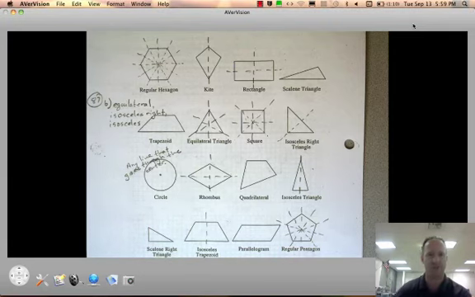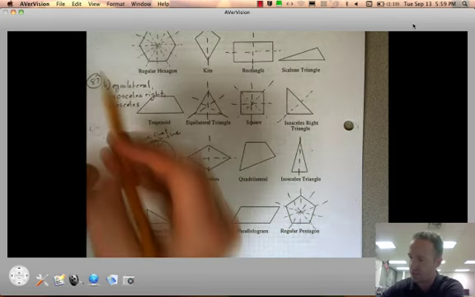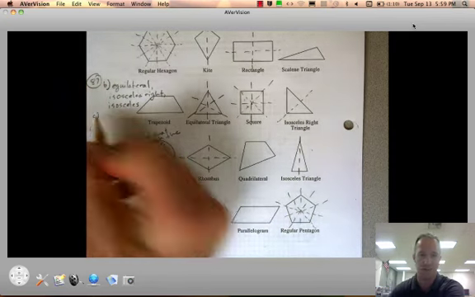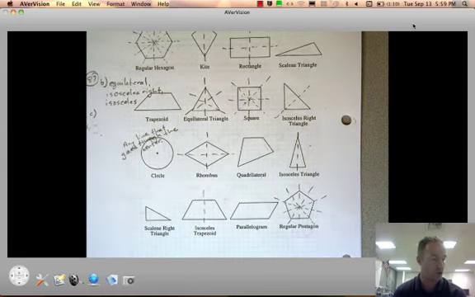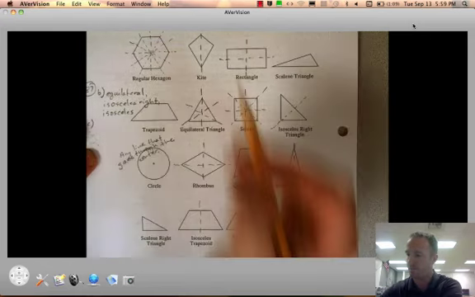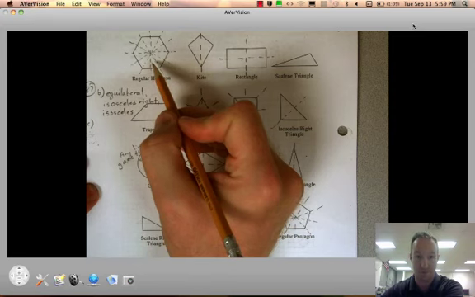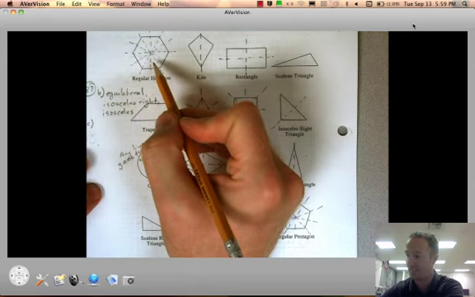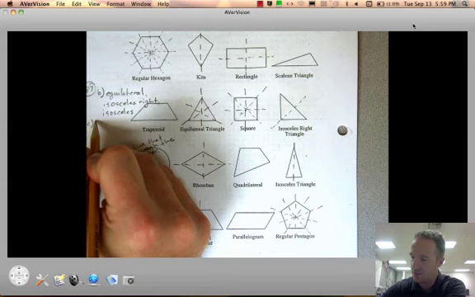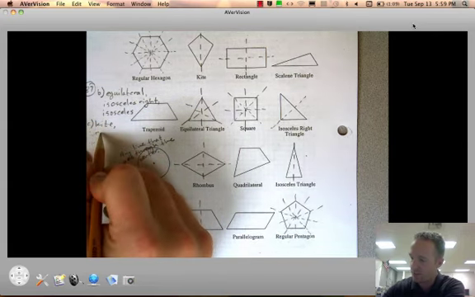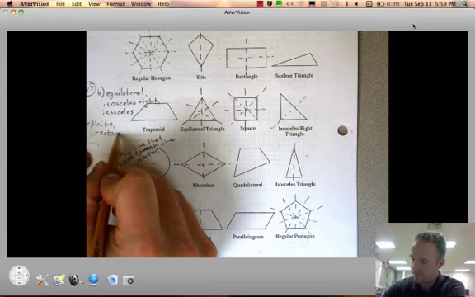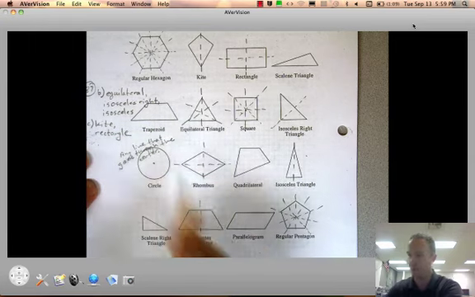Which quadrilaterals have reflection symmetry? That's actually question C on 87. Now, remember, quadrilateral means 4-sided. So we're only looking at 4-sided figures. Regular hexagon is not a 4-sided figure, so that one doesn't count. Kite is, though, and a kite has lines of symmetry. So we'll put a kite. The rectangle does. Trapezoid doesn't.